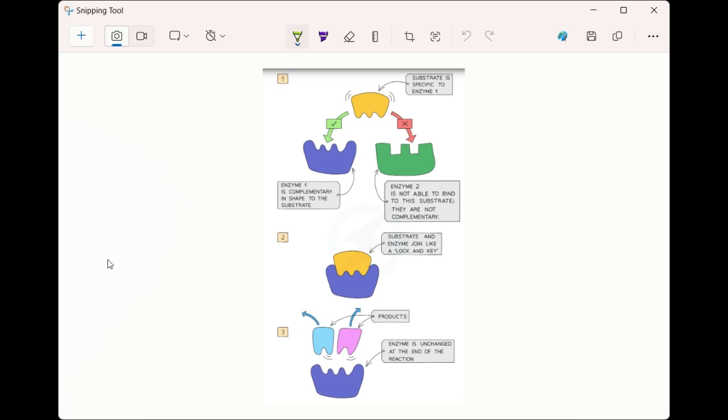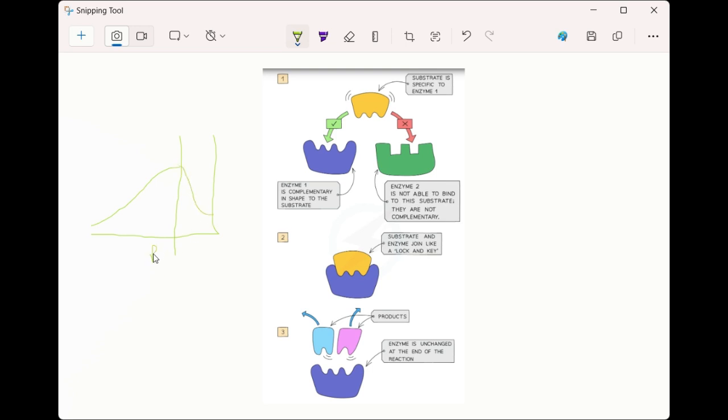The speed of an enzyme is based on its temperature and its pH. Generally, an increase in temperature should increase the speed of your enzyme up until a certain point, known as the optimum temperature, which is the point where it's working at the fastest speed.